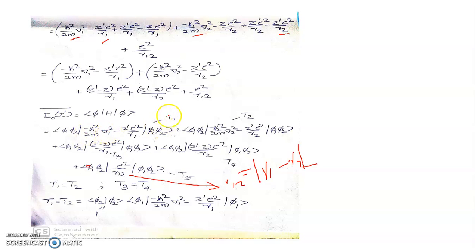And again, term 1 and term 2 are exactly identical. We have just transformed the operator that is depending over R1 to R2. That will never affect our calculation. So it is a bonus that once you have calculated the energy corresponding to term 1, the same amount of energy can be written for term 2 also.